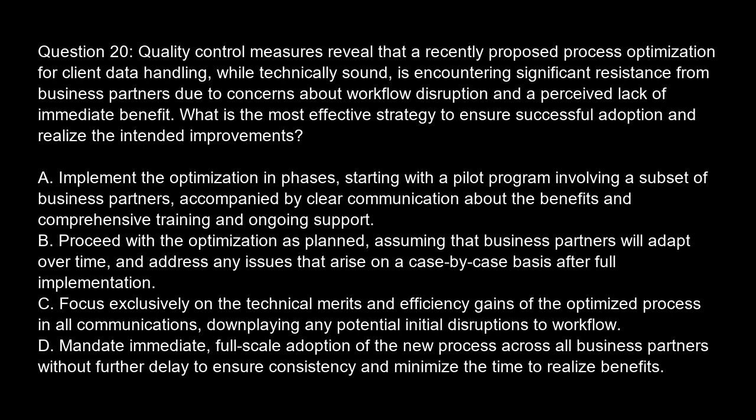Option C. Focus exclusively on the technical merits and efficiency gains of the optimized process in all communications, downplaying any potential initial disruptions to workflow. Option D. Mandate immediate, full-scale adoption of the new process across all business partners, without further delay to ensure consistency and minimize the time to realize benefits.